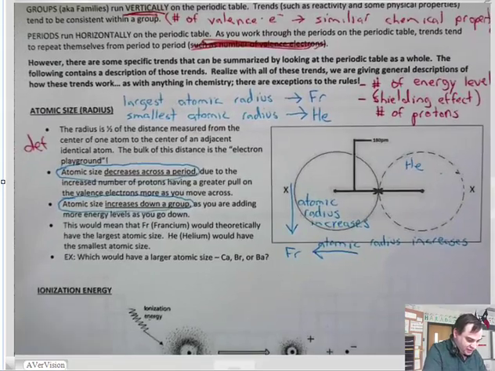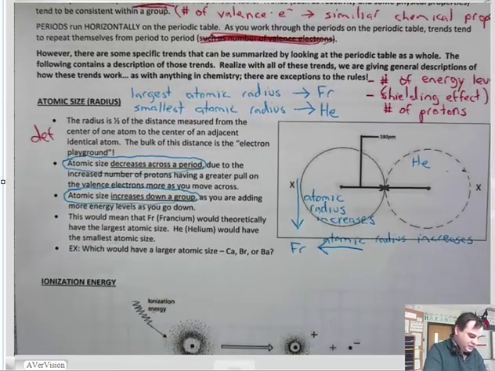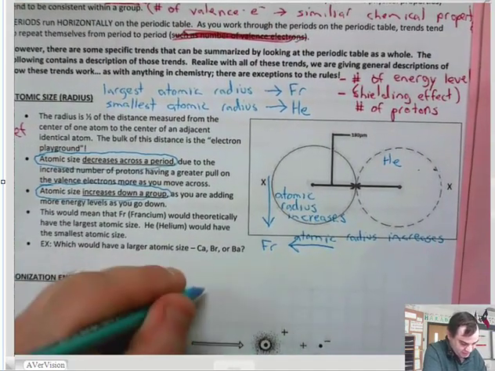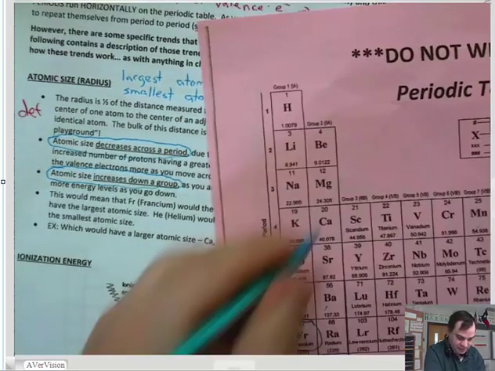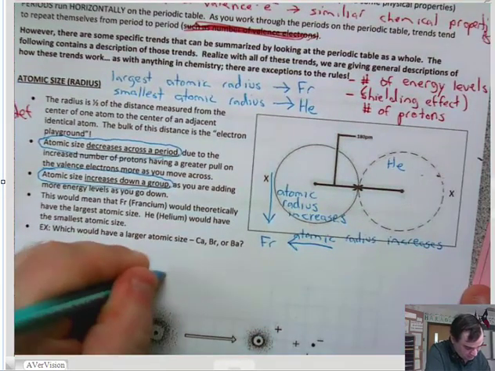So, which would have the larger atomic radius? Calcium, bromine, or barium? What I like to do is draw them where they're on the periodic table here. So this is my periodic table here. I see barium's down here, calcium's over here, and bromine's over here.